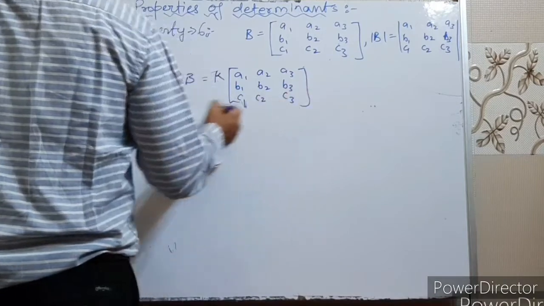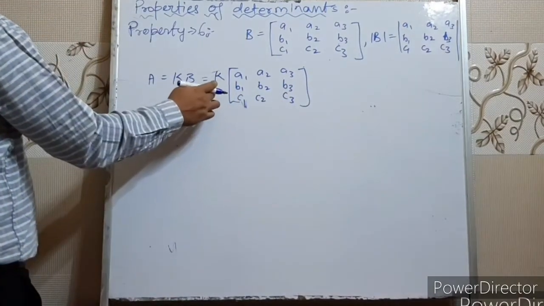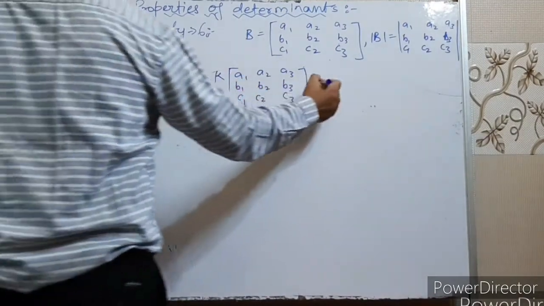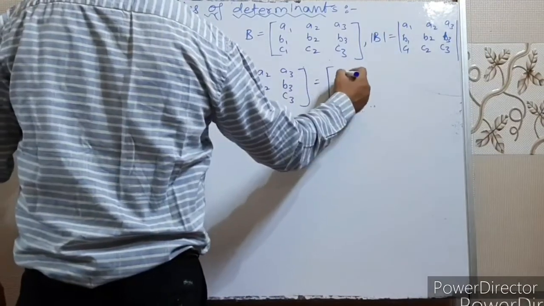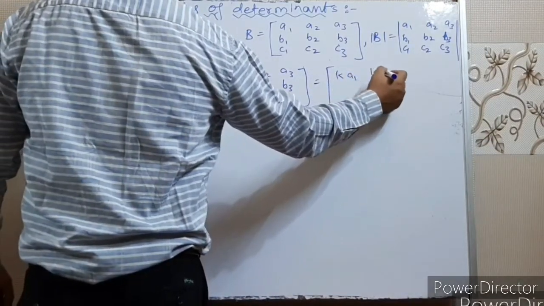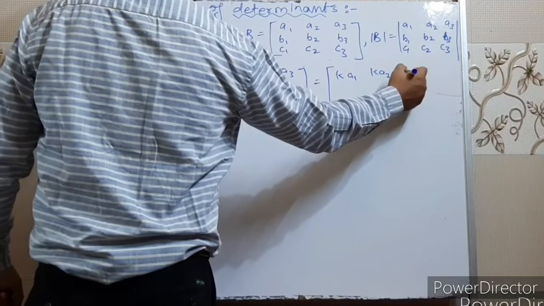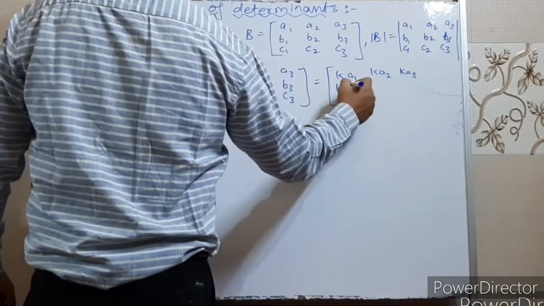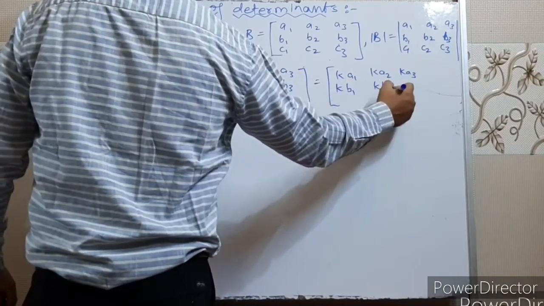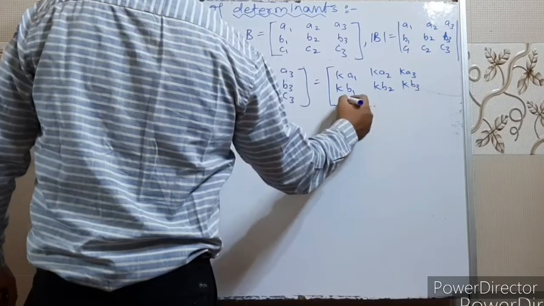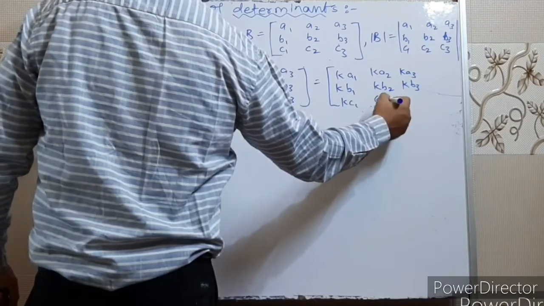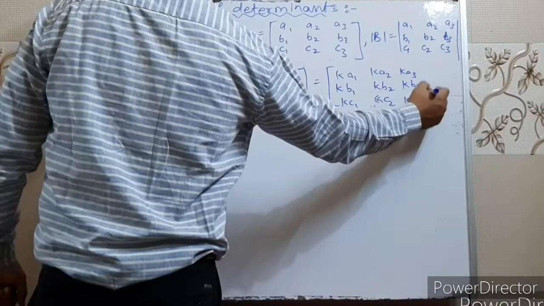Right, children? Now, when we multiply K into this matrix, we know that it will be multiplied with all the elements. So it will become K A1, K A2, K A3. Similarly, K B1, K B2, K B3, K C1, K C2, K C3.